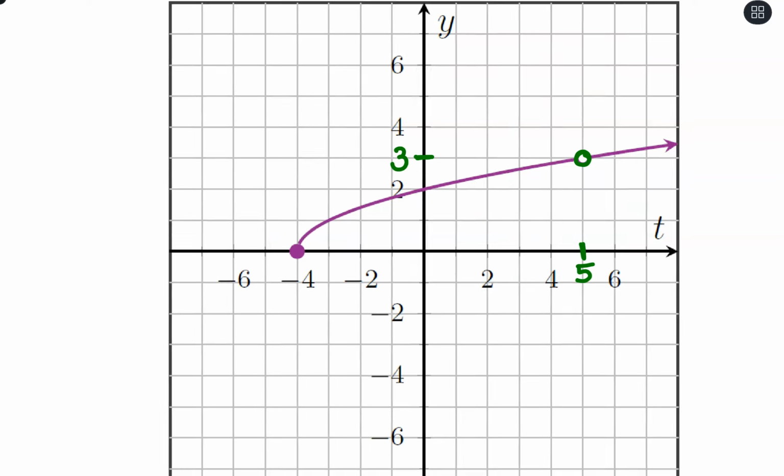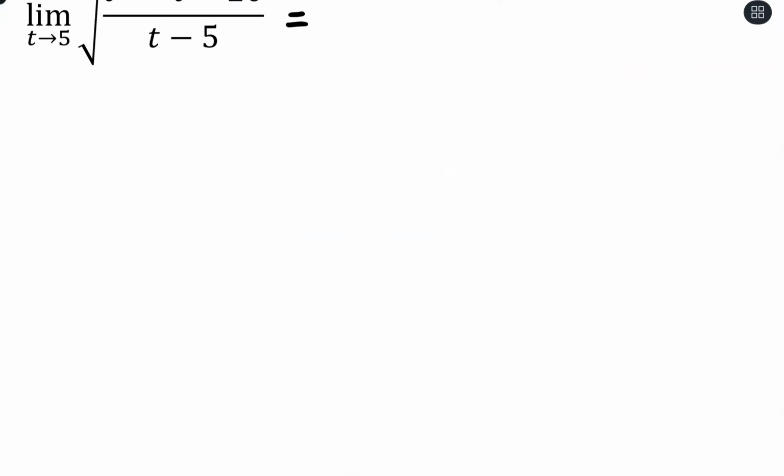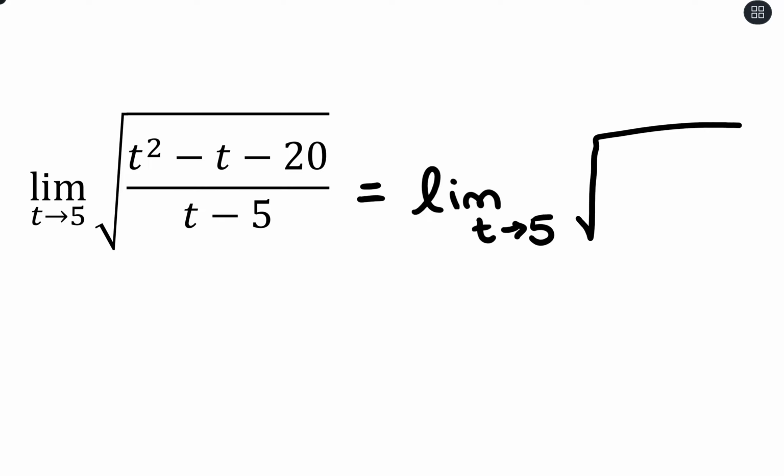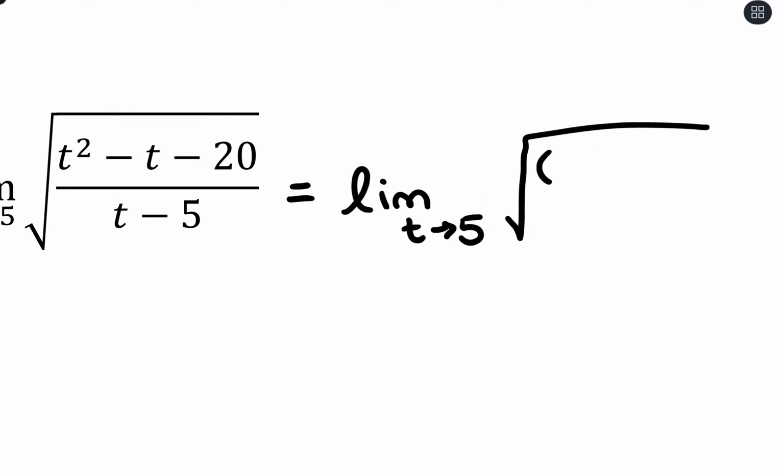So to prove it algebraically, what we're going to do is what we did up above with factoring and seeing if we can get some things to cancel out so we can see the function and how it would graph if we plugged the hole. So multiplying to -20 but adding up to -1, we're going to have a t minus 5 and a t plus 4.